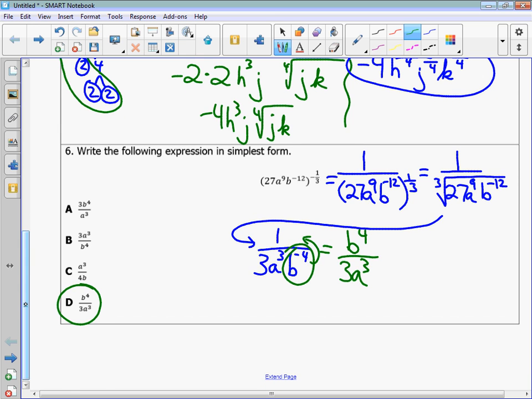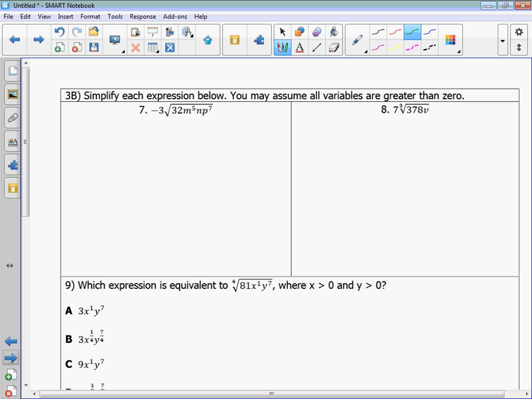On 3b, we just need to simplify. So for number 7, we have negative 3 times the square root of 32m to the 5th times n times p to the 7th. Breaking this down to square roots, we need pairs. 32 is 2 and 16, 2 and 8, 2 and 4, and 2 and 2, circling all the prime numbers.